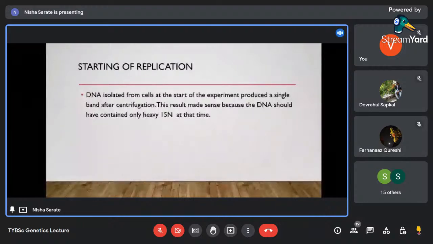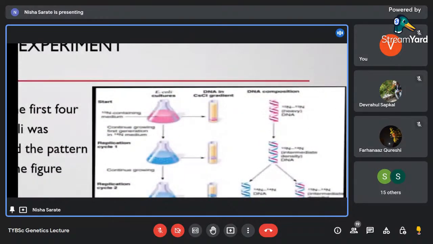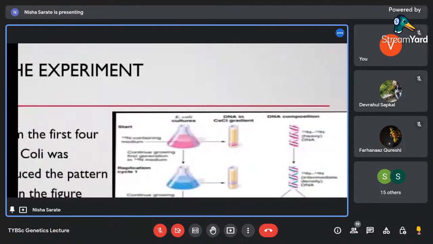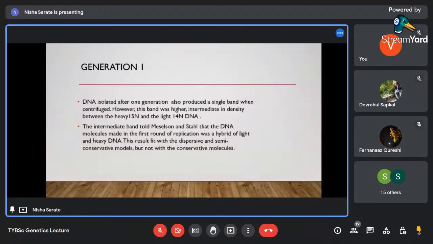This result made sense because in the first test tube, the E. coli DNA has the heavy isotope N15.